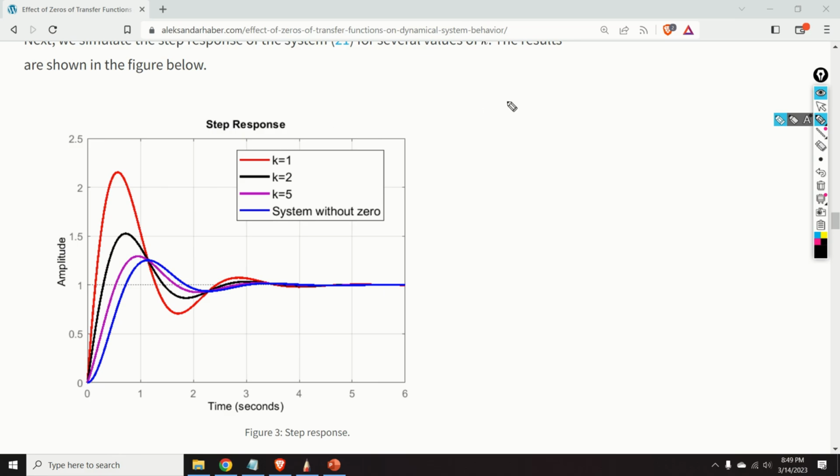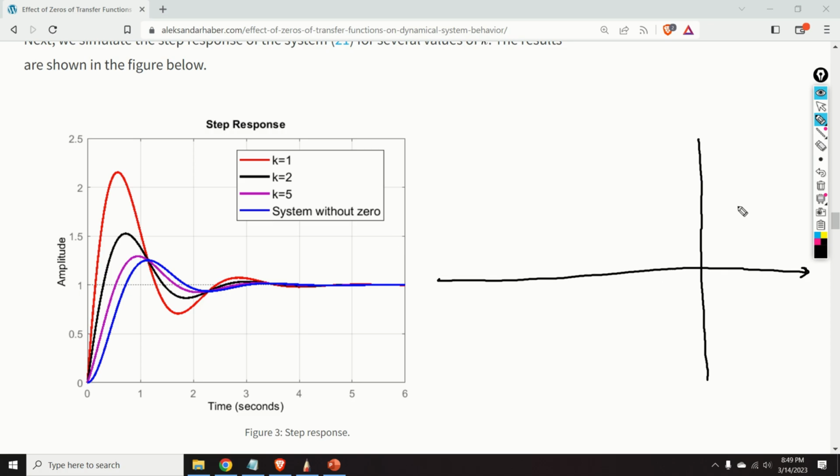This graph shows this influence. Next to this graph, I will draw another graph that represents the complex plane. The poles are obviously given over here. And this distance is basically the real part of the poles, and this distance is zeta omega n with a minus sign.